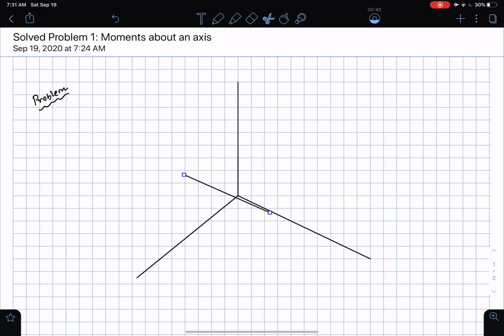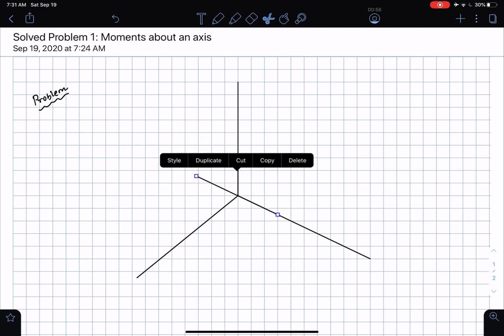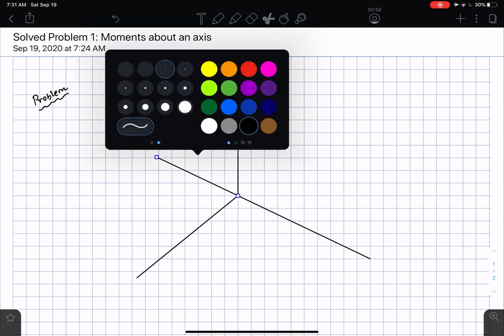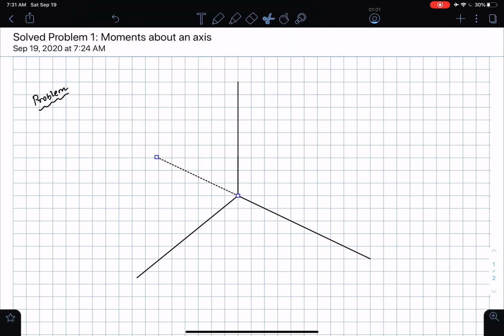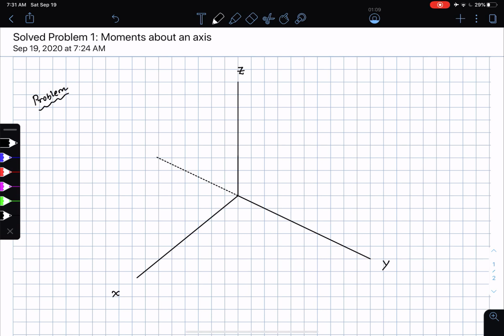Let me make sure that this is parallel to what I have here so that I can now draw it as a dotted line. I'm going to take this, bring that here, and then this is going to be a dotted line. Now this is the x, y, and z axes. So this is z, this is x, and this is the y direction.